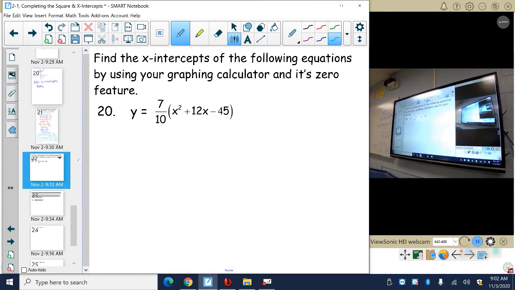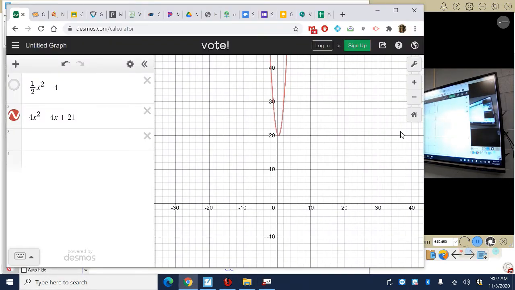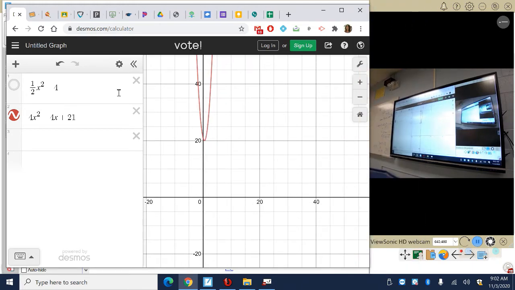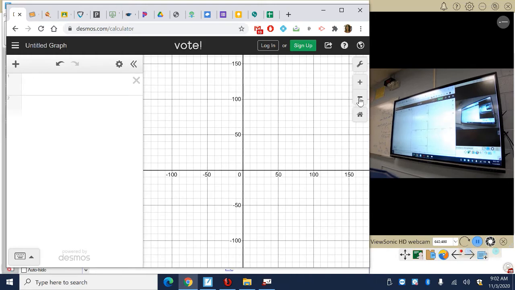Number 20, the directions say find the x-intercepts of the following equations by using your graphing calculator and its zero feature. So we're going to go over here. And I'm going to eliminate these ones. And I'm going to zoom down. And I'm going to type in what our problem is.